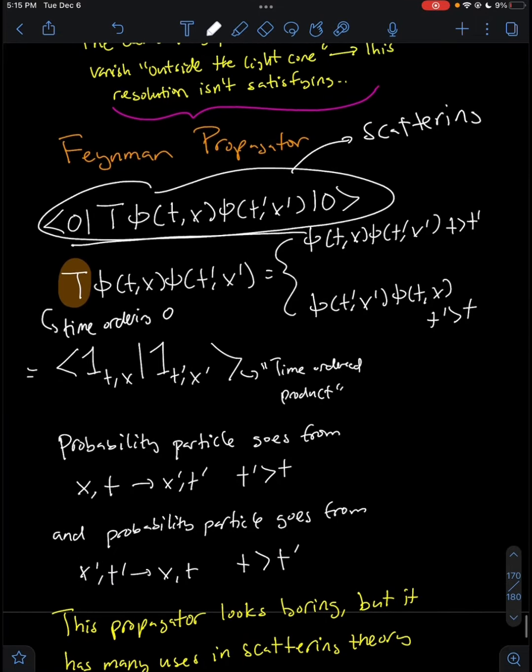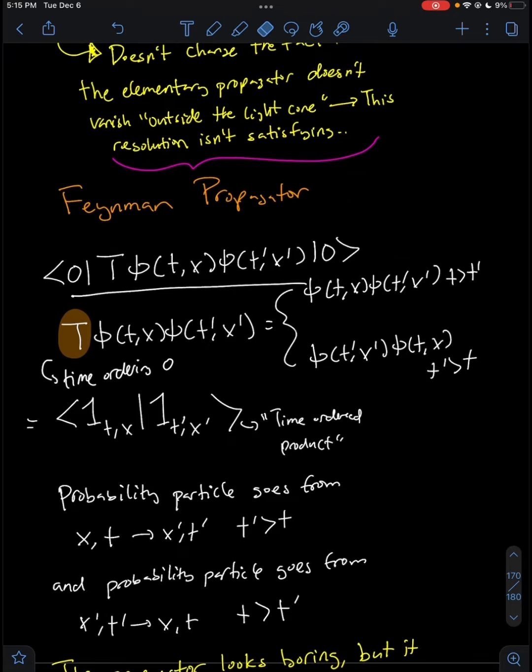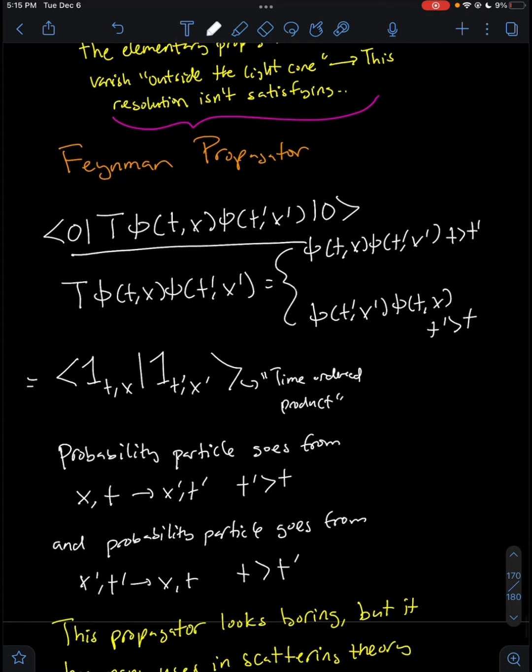So this term, let's erase some things to make things a bit more organized. The time ordering, or the Feynman propagator, right? It's just a time ordered product of the elementary propagator.